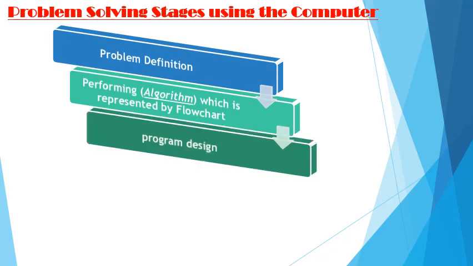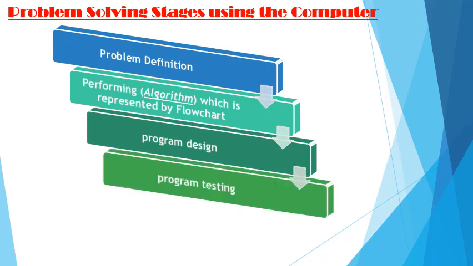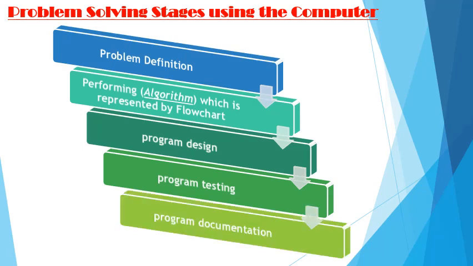Program design. In the program design, we translate the flowchart to the computer by using a programming language. Program testing. We test the program to check for errors, to make sure that the program is free from errors. Program documentation.